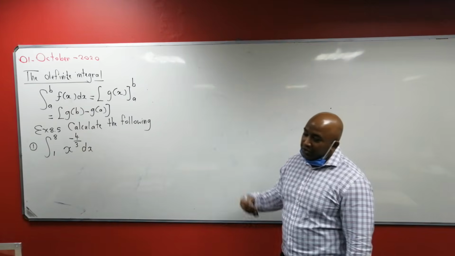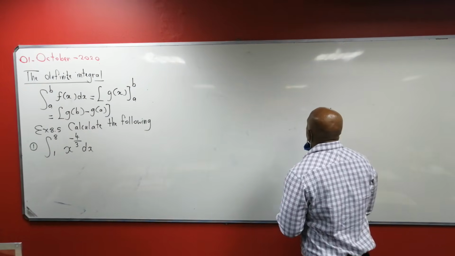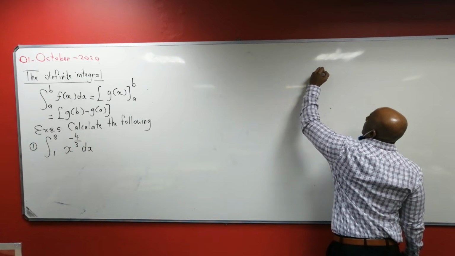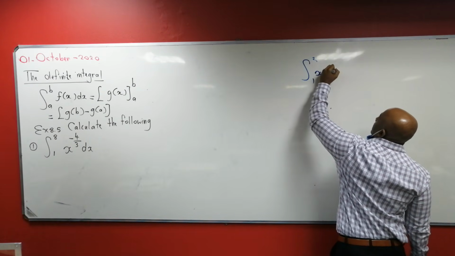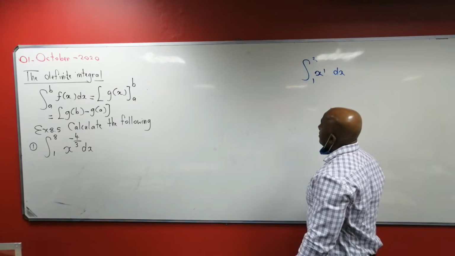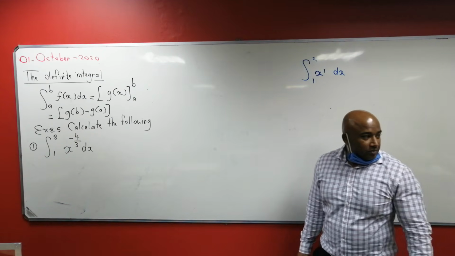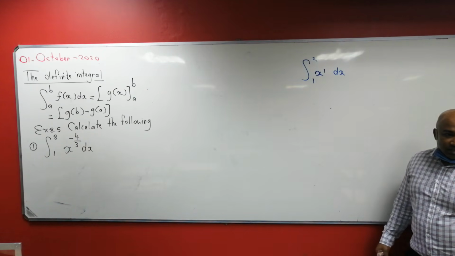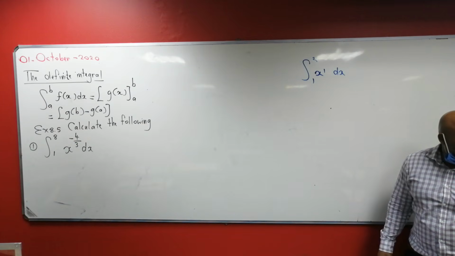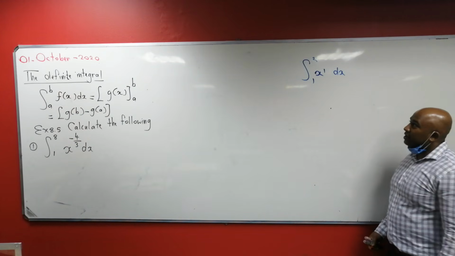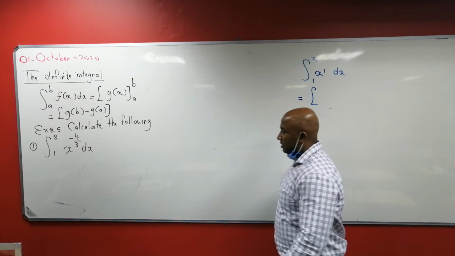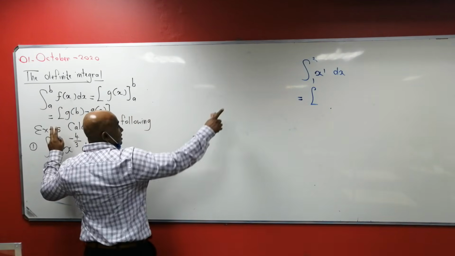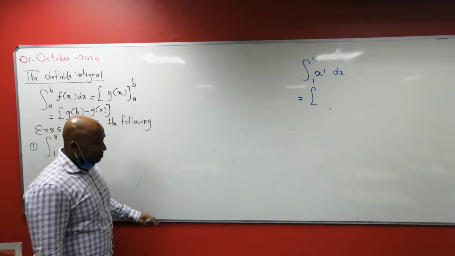So what do you do in a situation where you have values? Let's take an example like x to the power 1 between 2 and 1. So integrate x between the limits 2 and 1. How do you do this? Now f of x in this case is x.